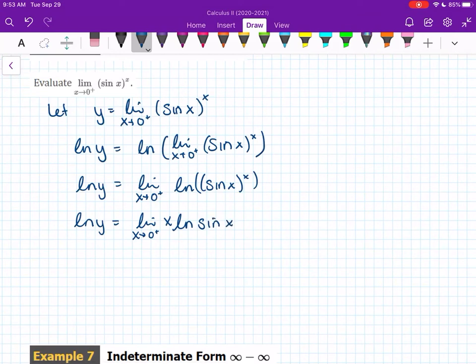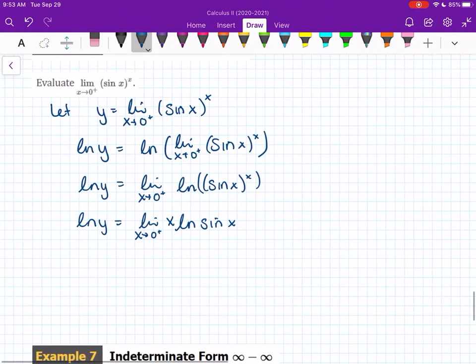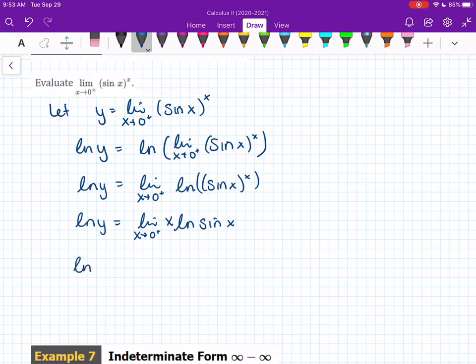Okay. So now, this is not in fraction form, so I'm going to move that x to the denominator so we get a fraction. So I have the natural log of y equals the limit as x approaches 0 from the right of the natural log of sine x over 1 over x.